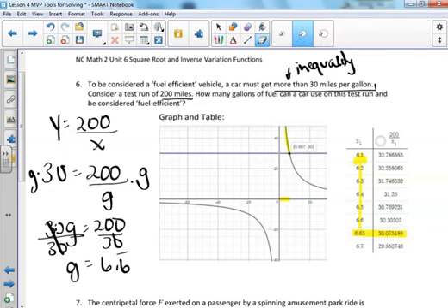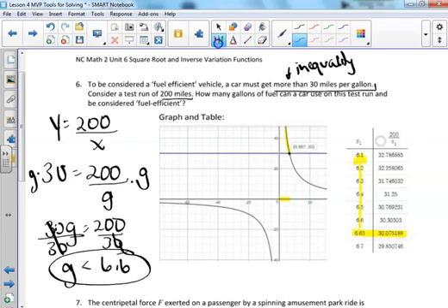Now recall that it needs to get more than 30. So more than 30 means that this sign will be less than. And you could have had less than for all of these until you got to the end. It is your choice. But make sure you understand that it is an inequality.